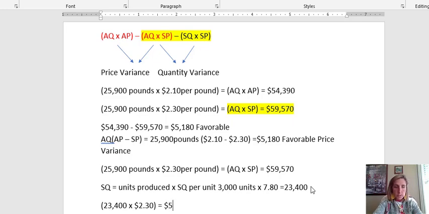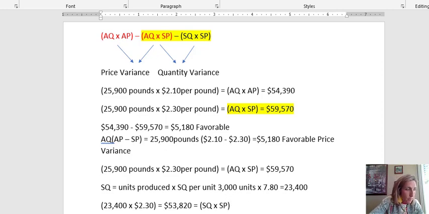Says I should have spent and I should have used $53,820 worth of materials. That represents my SQ times my SP.